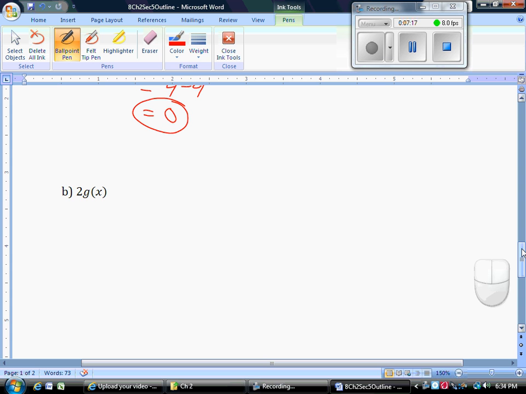Example B, we're still going to use g of x equals x squared plus 3x minus 4. But this time I want to do 2g of x, 2 times g of x. So am I changing anything that's on the inside? Am I replacing x with anything new?